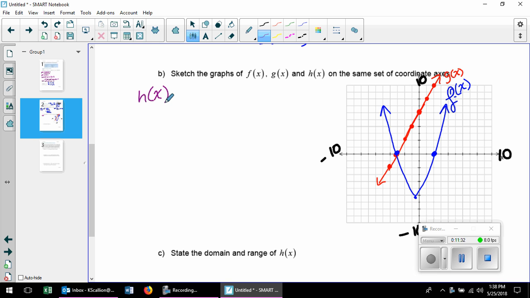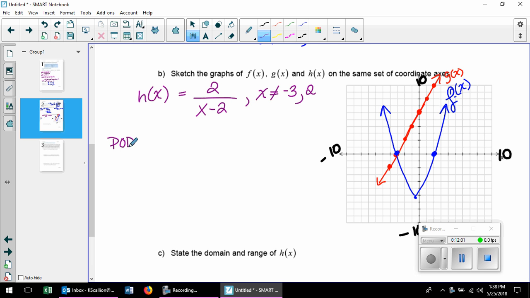So the question is, which one's the hole and which one is the asymptote? Perfect. So the hole occurs at the one that you canceled out, the point of discontinuity, or the hole in the graph.